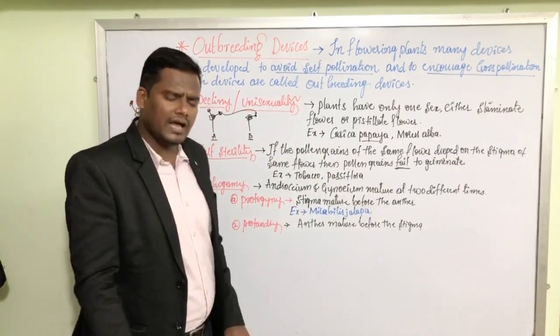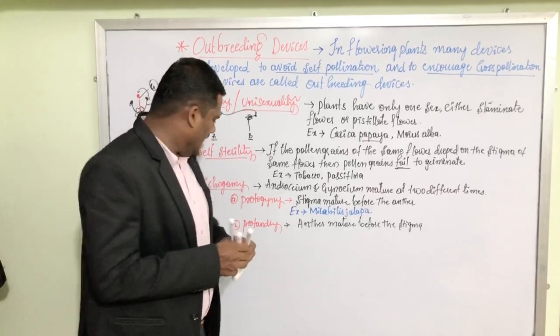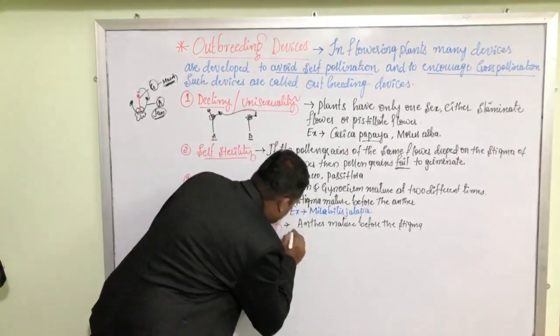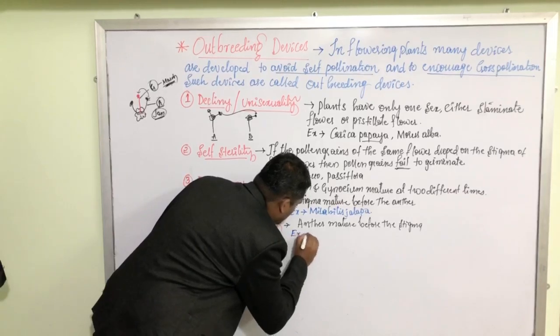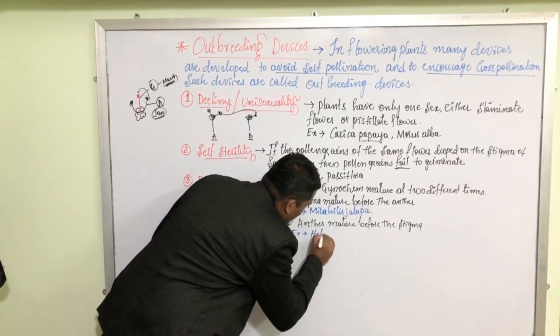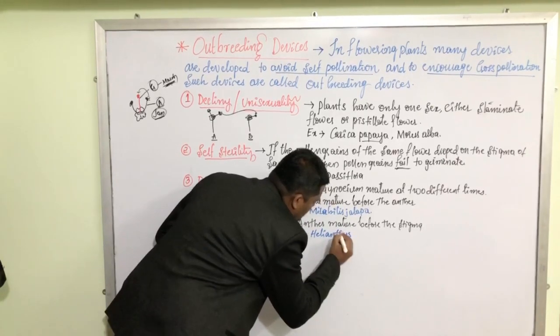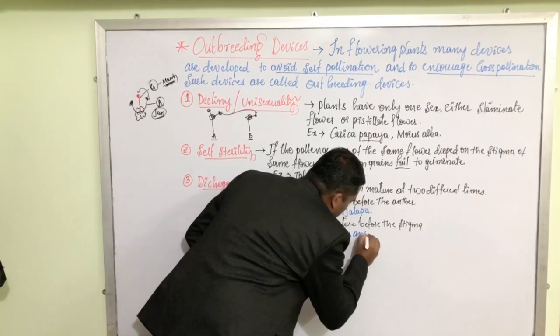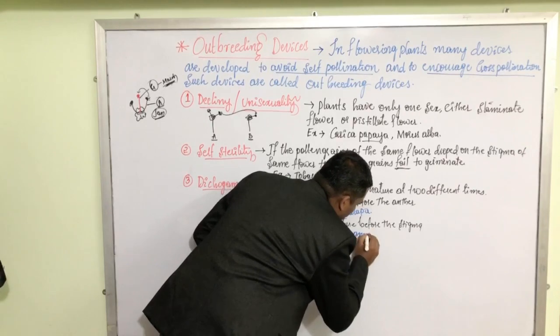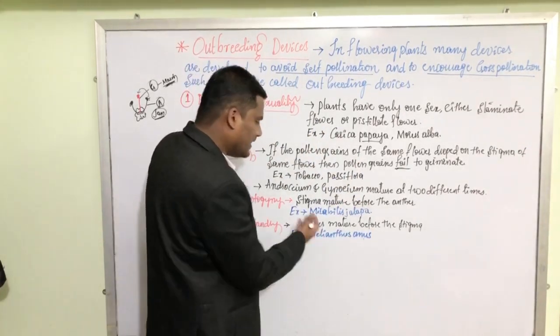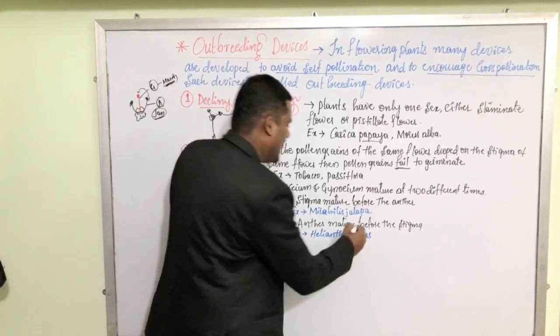It is commonly called the 4 o'clock plant. And the best example of protandry is Helianthus annuus. Common name is sunflower. Sunflower's scientific name is Helianthus annuus.